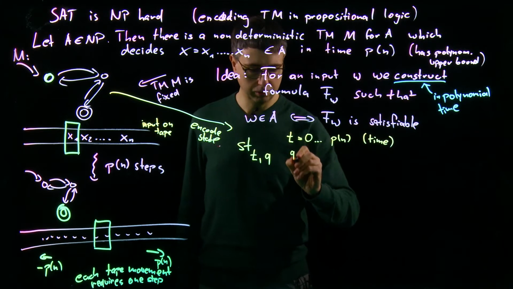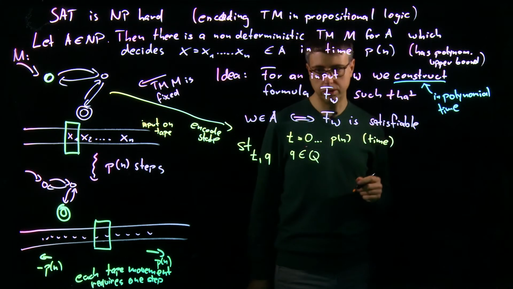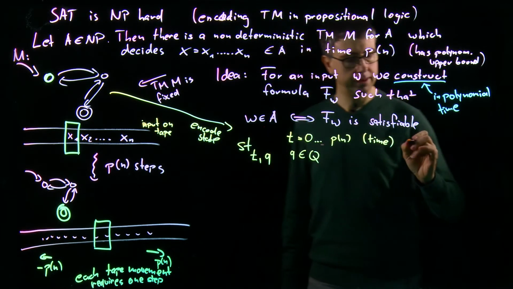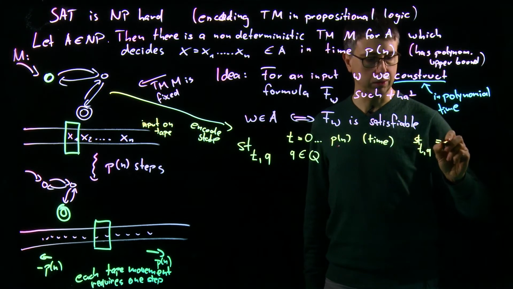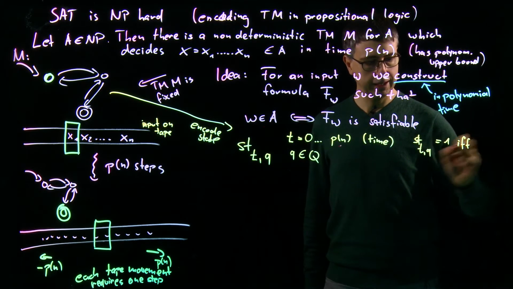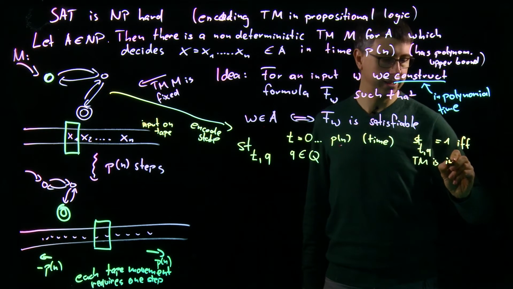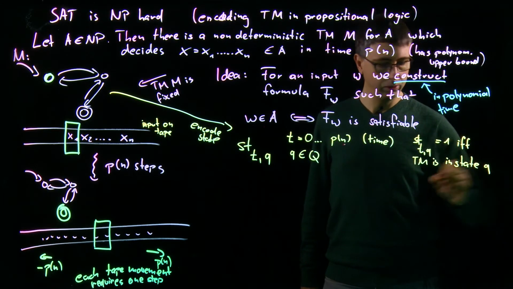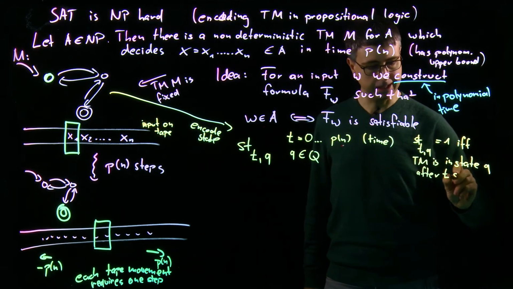And q is simply a state of the Turing machine. And the idea is that S with the index t, q equals 1 if the Turing machine is in state q after t steps.